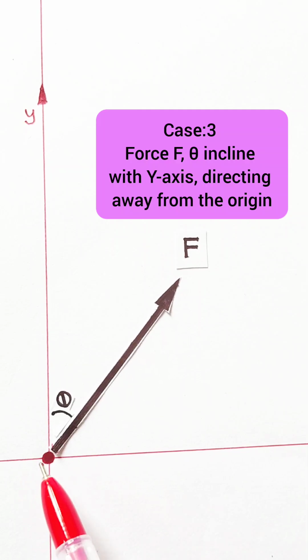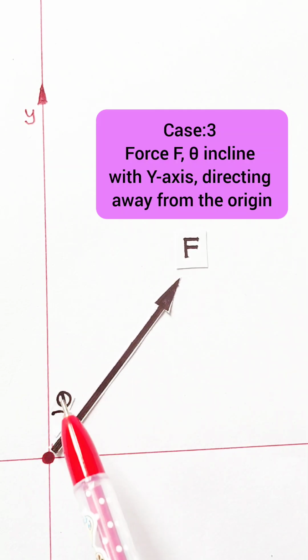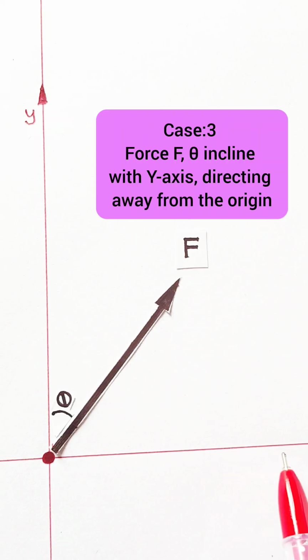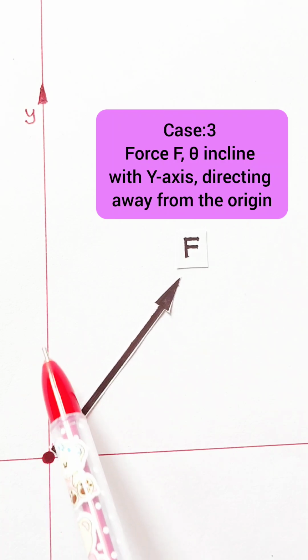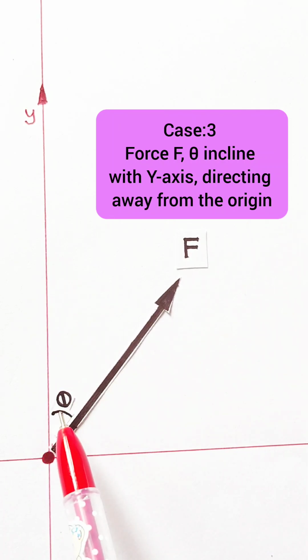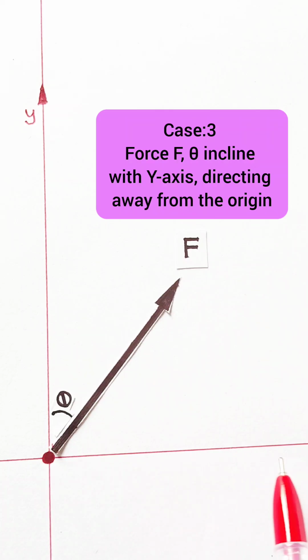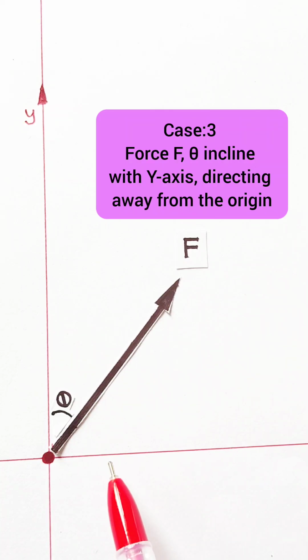In this case, the y directional component is adjacent to theta, the x directional component is opposite to theta. To find the y directional component, we have to follow cos theta. To find the x directional component, we have to follow sin theta in this case.